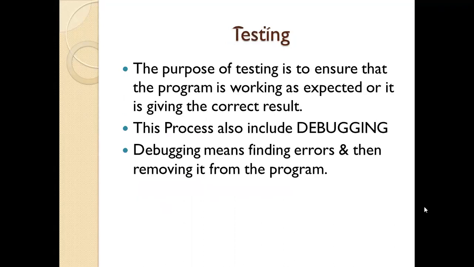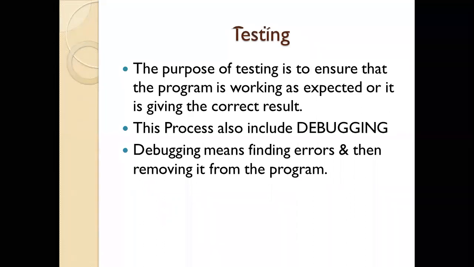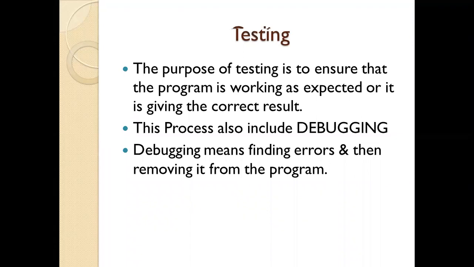Okay, now what is testing? After coding we have to do testing also. The purpose of testing is to ensure that the program is working as expected. Suppose I have taken two values from the user and then I have calculated the product of those two numbers and I have displayed it as an output.